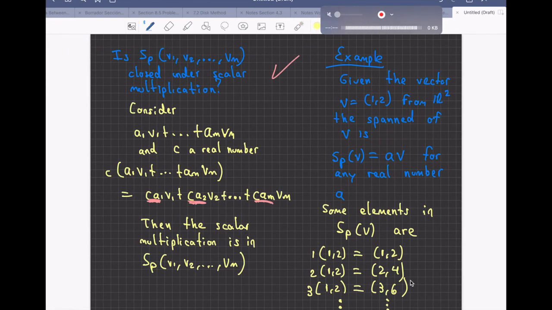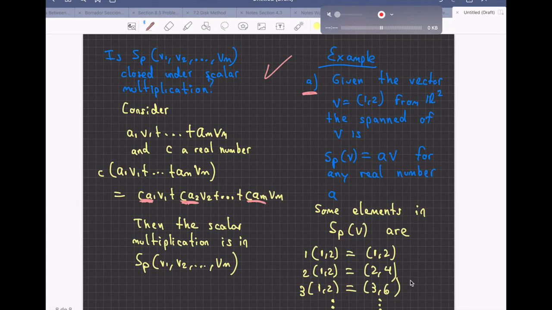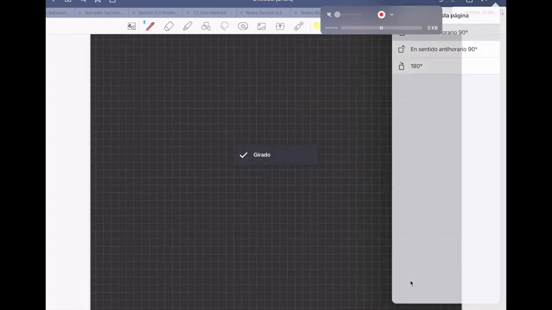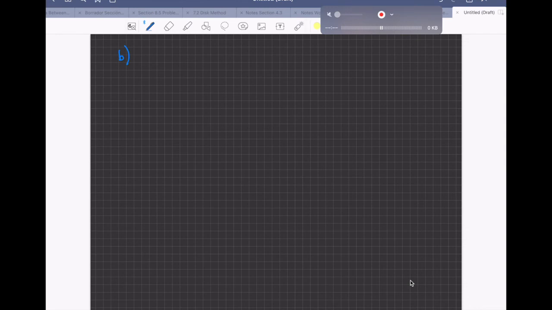This was one example, part A. Part B. Given the vectors B1 equal to (1, 0) and B2 equal to (0, 1), then the span of B1, B2 is the set of all the elements A1 B1 plus A2 B2 such that A1 and A2 are real numbers.